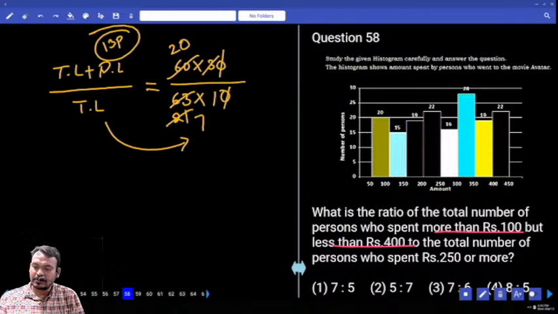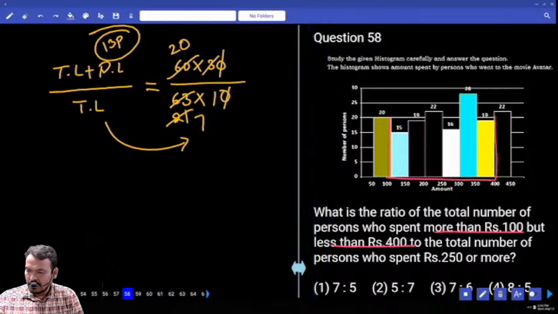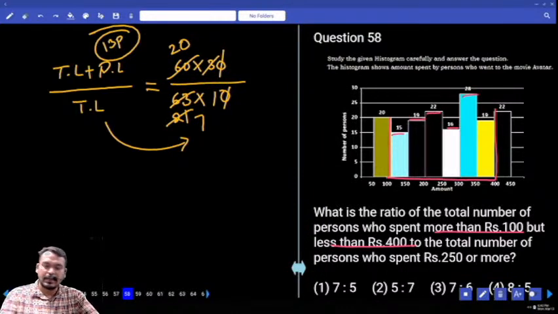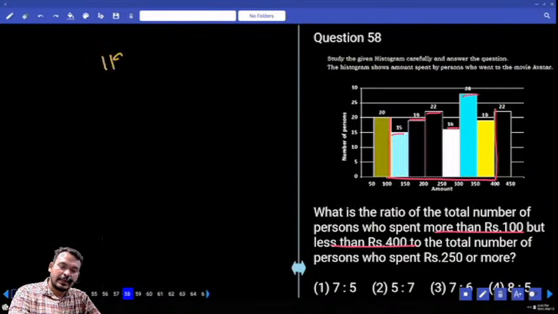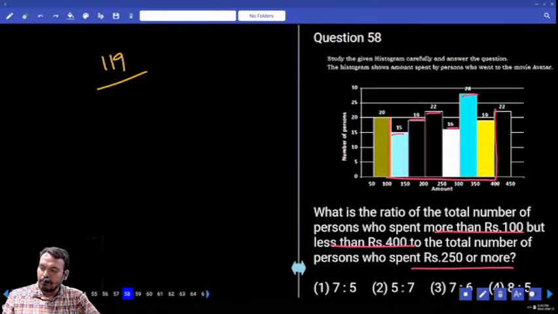More than 100 means after 100, to which one? 15 plus 19, 34. 34 plus 16, 50. 22 plus 28, 50. 50 plus 50 plus 50, 100, plus 19, total 119.